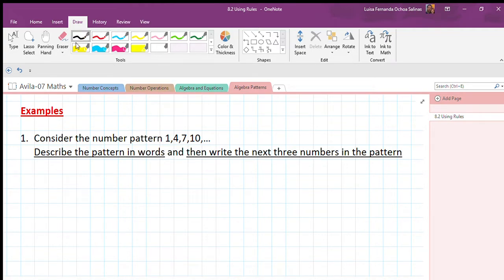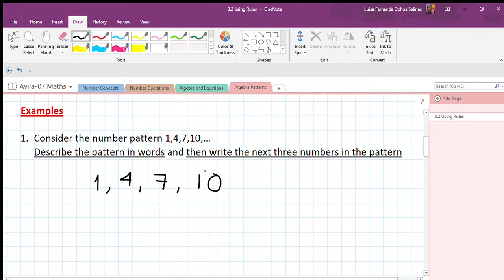So if I write those numbers here, 1, 4, 7, 10, what is happening? I know that you already have seen it. I'm adding 3, I'm adding 3, I'm adding 3. So if I want to describe the pattern, I will say that I add 3 to the previous term.